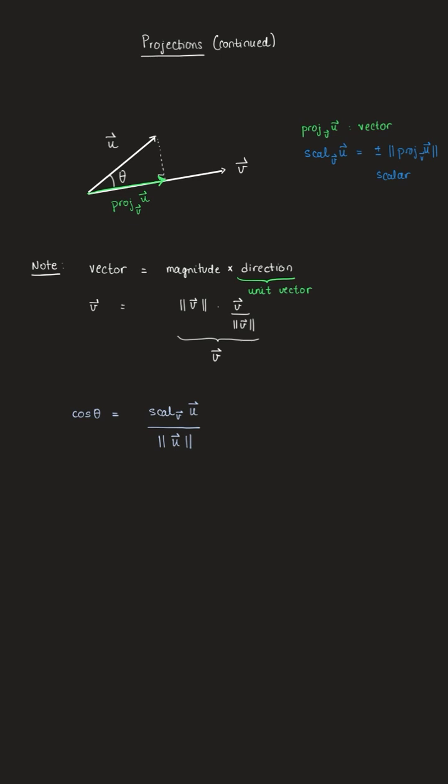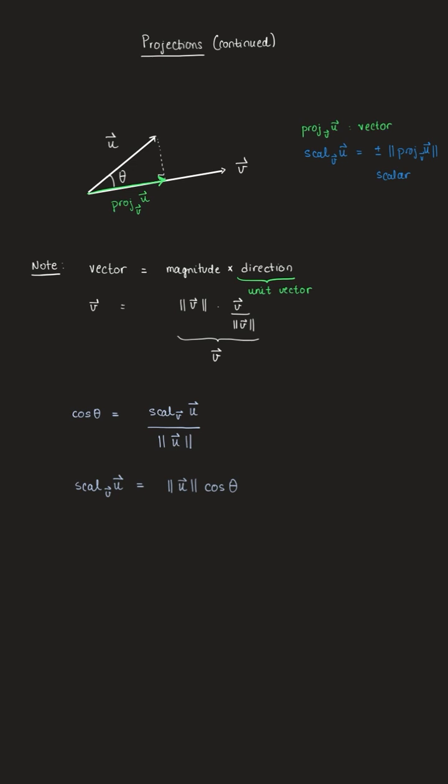So solving for the scalar projection will give us an expression for the scalar projection of a vector. So we have that the scalar projection of u onto v, I'm going to multiply both sides by the magnitude of u. This gives us the magnitude of u times cosine theta. Okay, great. So we have one expression for the scalar projection of u onto v.